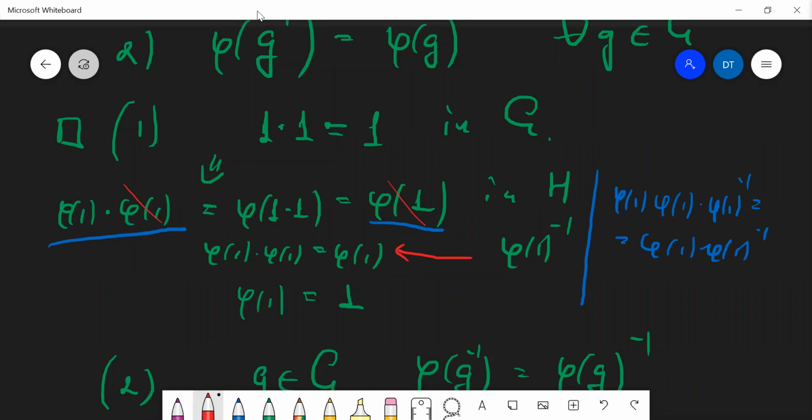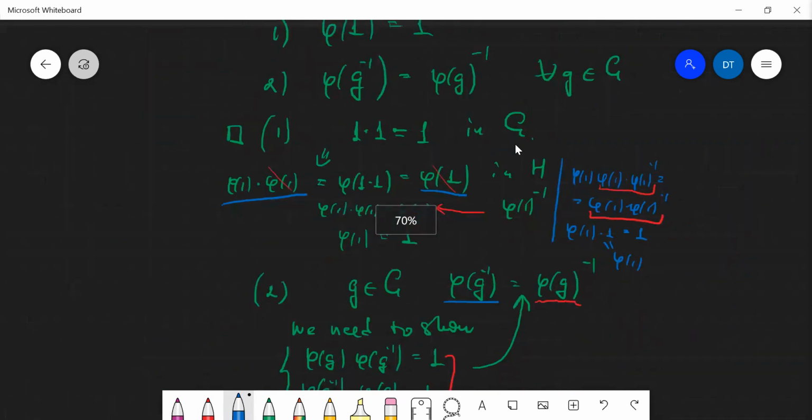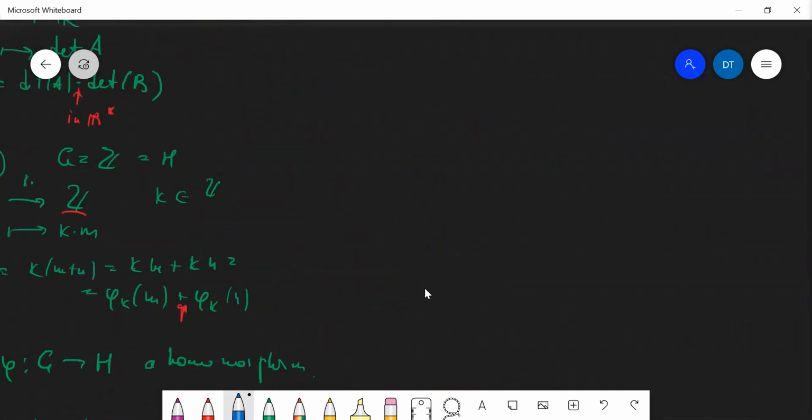And now, by the definition, this product and this product is the identity element. So you will get phi of 1 times 1 equals 1. And because phi of 1 times 1 is phi of 1, you will get this equality. And this must complete the proof. Okay, thank you. No problem. Are there any other questions? Okay, cool. Let's go.